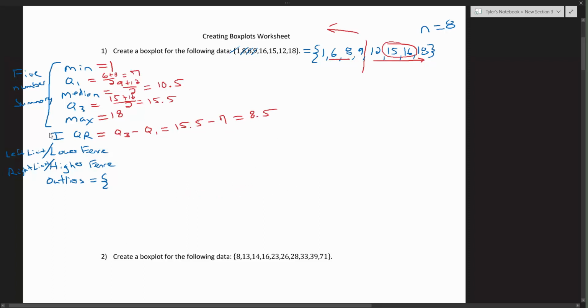Right. So then the lower fence, right? Remember the equation for this is we take quartile 1 minus 1.5 times the interquartile range, right? And the upper fence, oops, I don't know why I wrote higher. Typically we say upper, sorry.